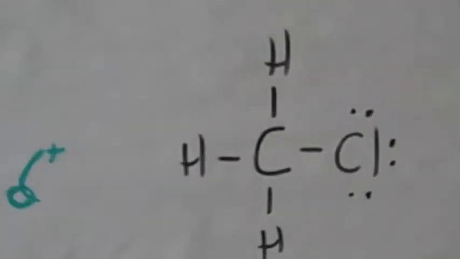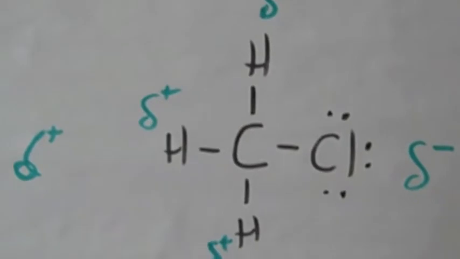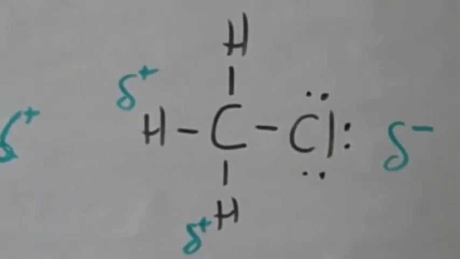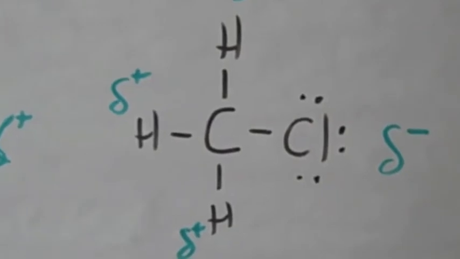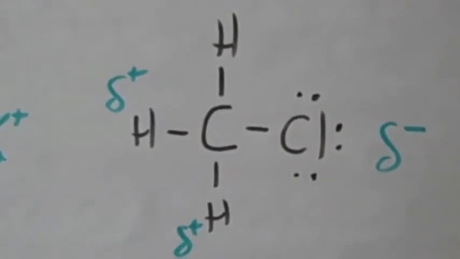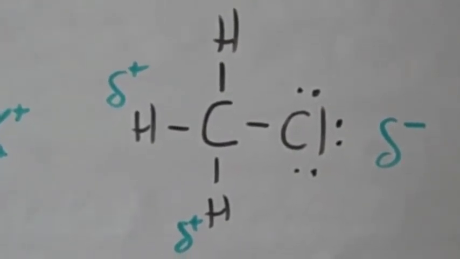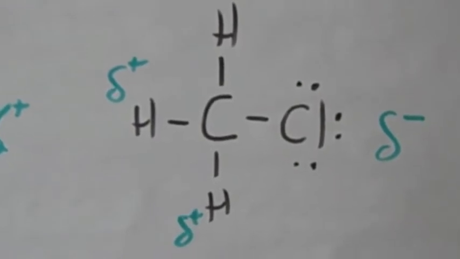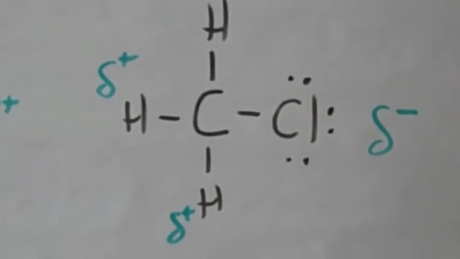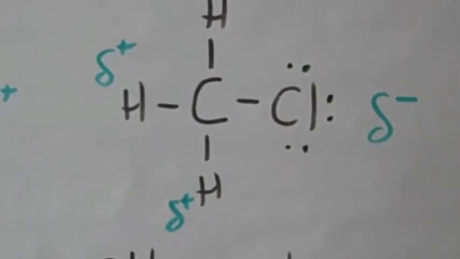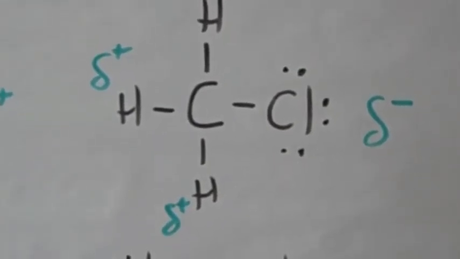Now let's take a look at the chloromethane. The chloromethane has hydrogens around the left side, but the chlorine itself has lone pairs. Those lone pairs have negative charges of their own, giving the chloromethane a partial negative charge around the chlorine and a partial positive charge around the hydrogens.